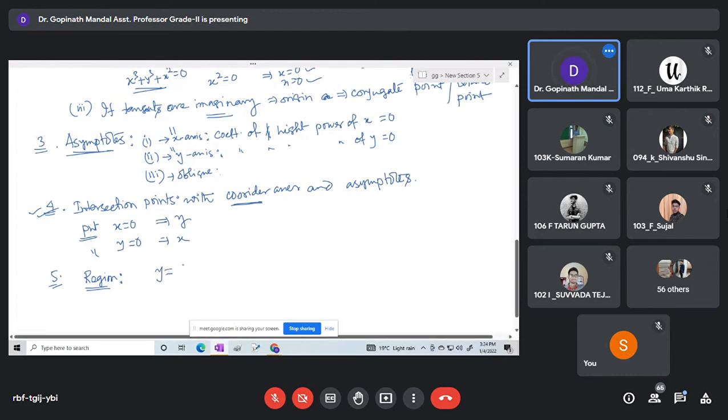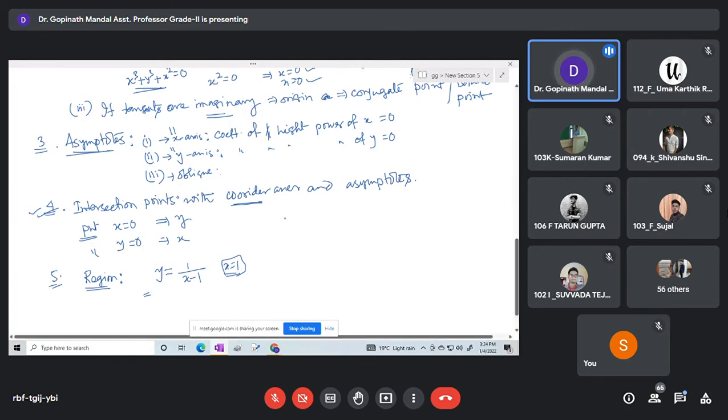Suppose y equal to 1 by x minus y. To check here, for x equal to 1, we can't find the value of y, like that. We have to check for what values of x and y we get the curve.